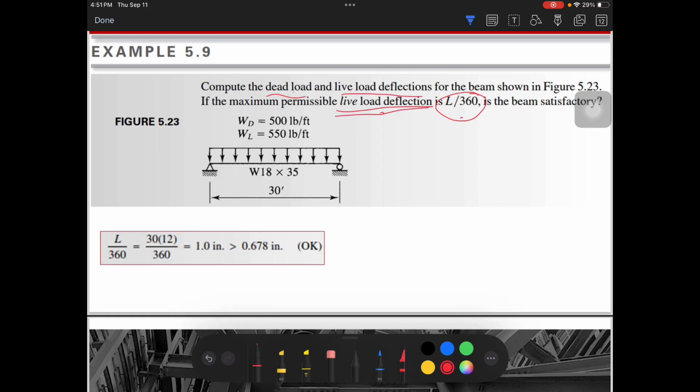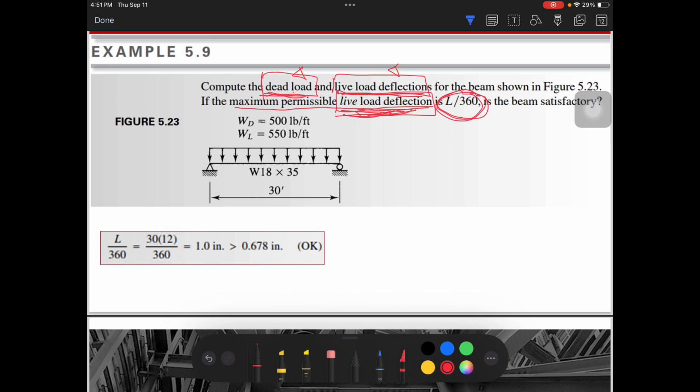Okay, so we will compute the dead load and live load deflections. So that is two deflections. And the maximum permissible for the live load deflection is this one. So what we compare to the limit is only the live load deflection. But we will still get the deflection due to dead load and the deflection due to live load.